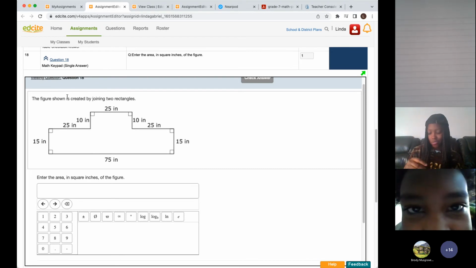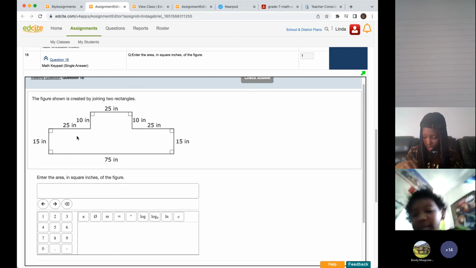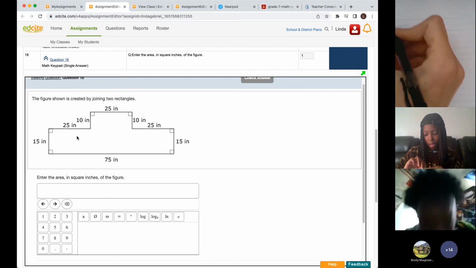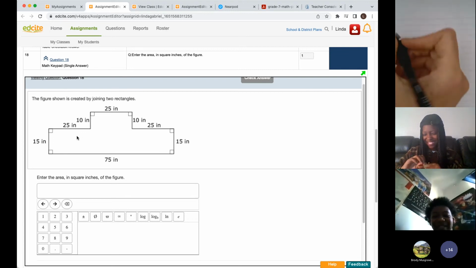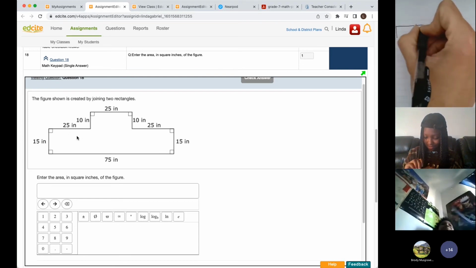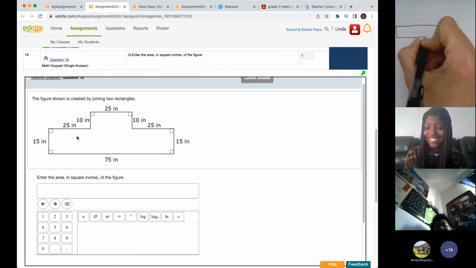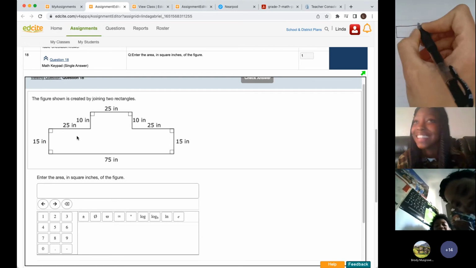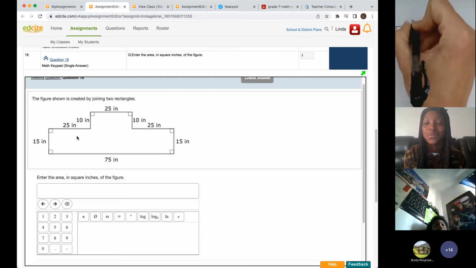Okay, so the figure shown is created by joining 2 rectangles. Can you guys see the 2 rectangles? Perfect. So here's one rectangle. Here's my second rectangle.